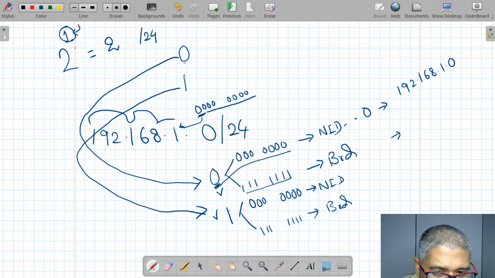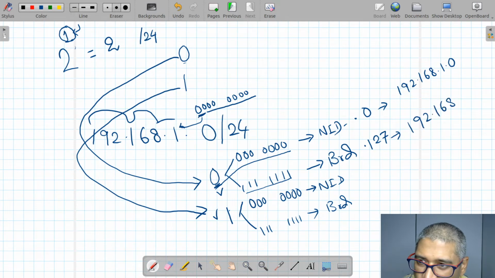What will be the value? You remember, guys? The position of this is 128, minus 1 is 127, the ones' complement. Excellent. So this broadcast IP is 190.160.1.127.